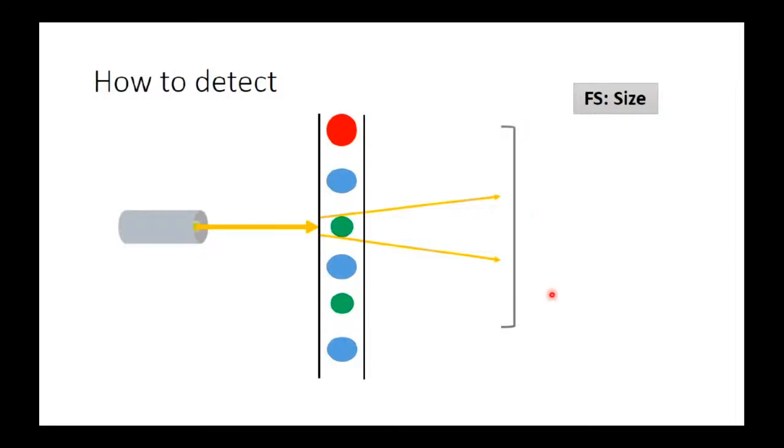Now the detector detects the pulse of photons, which is the forward scattered light. And the detector, as I told you before, is connected to a PC or a computer. The PC will convert the intensity of the light detected by the detector into voltage. And then I will get a specific amount of voltage for every cell passing through the laser beam.